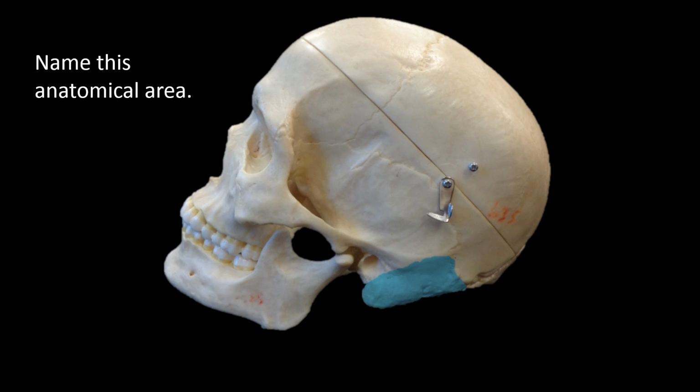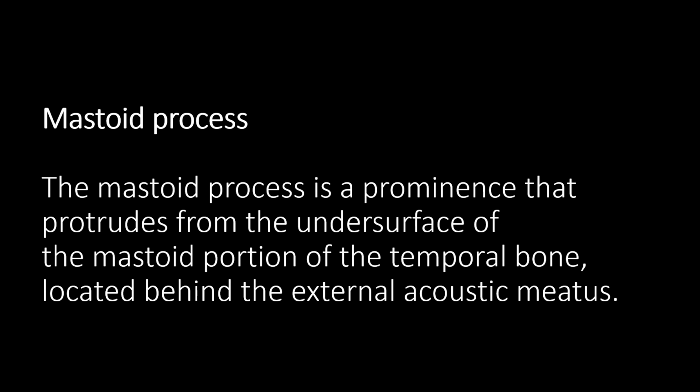Name this anatomical area. Mastoid process. The mastoid process is a prominence that protrudes from the undersurface of the mastoid portion of the temporal bone, located behind the external acoustic meatus.